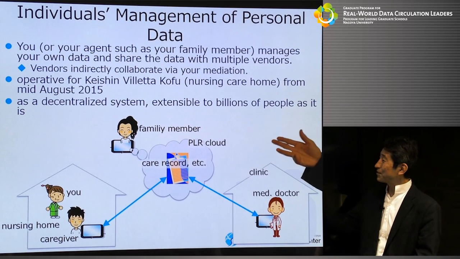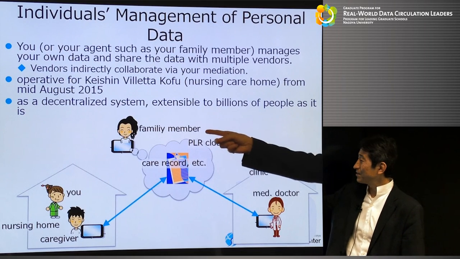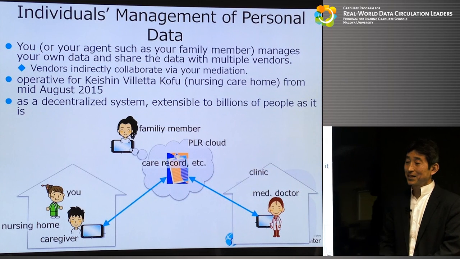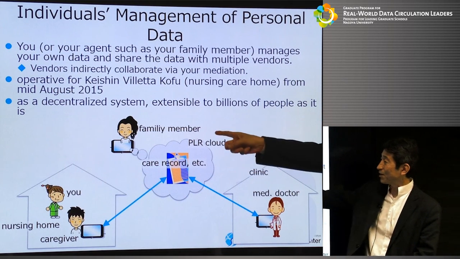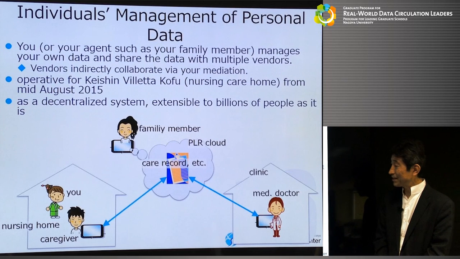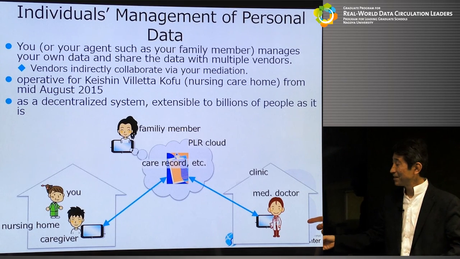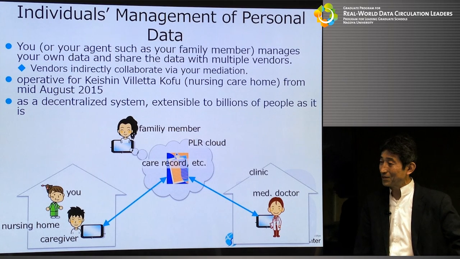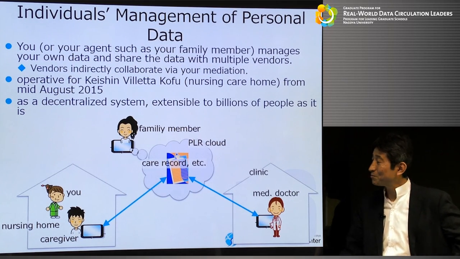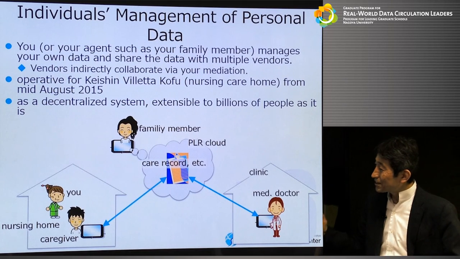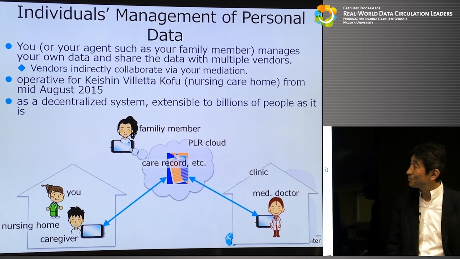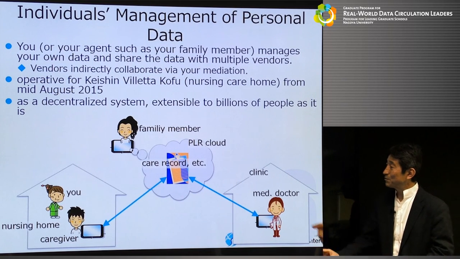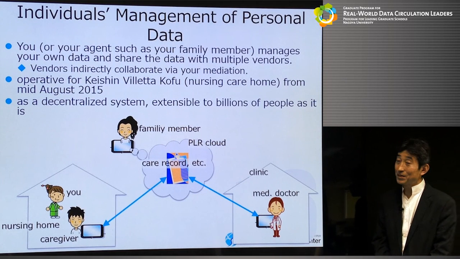In addition to that, now that her family member is managing her data here, it is possible for her to disclose the data to anybody else, like your home doctor, for instance, or another nursing care home, in order to collect second opinions and so on, without saying anything to the nursing home. So in that sense, the data management is totally up to the family member of this older person.